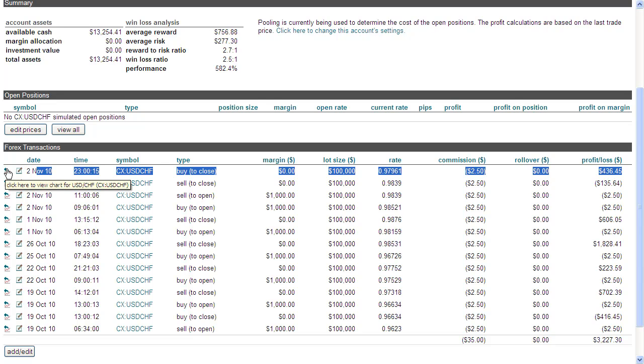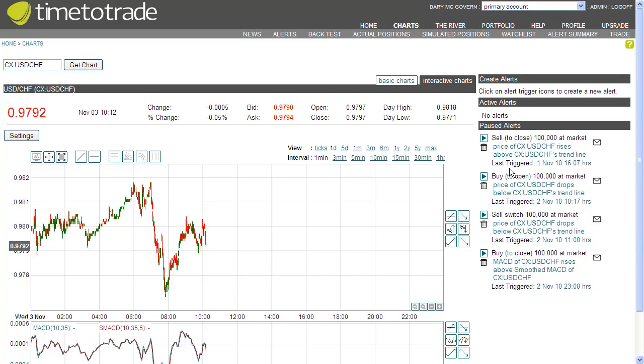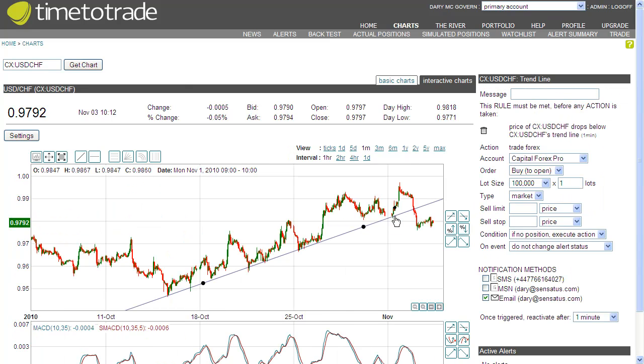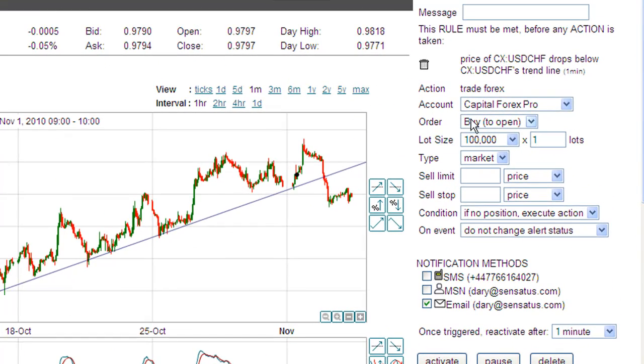So we take a click on this link to see the chart. As discussed yesterday, I had a buy to open when the price hit this trend line. When putting together this order, it was buy to open, 100k at market, and the rule was if no position.